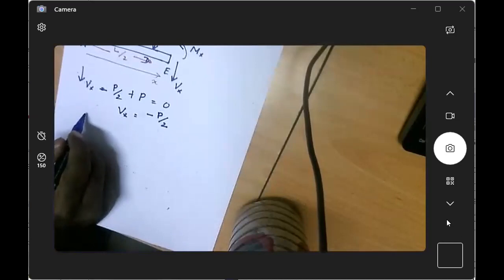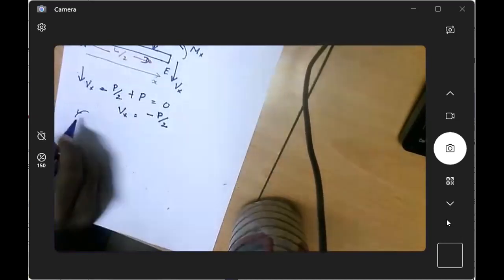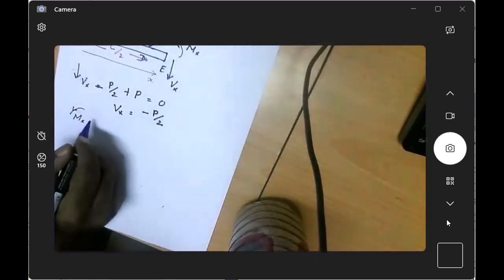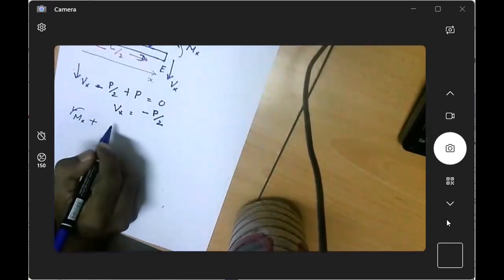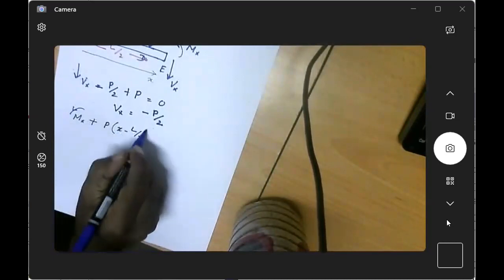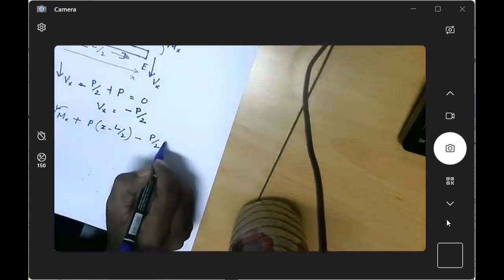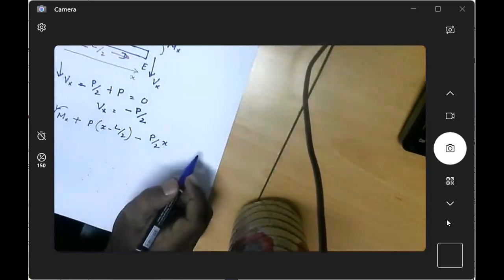Let's consider moment at this point. For Mx, you have this P, which is in the same direction, so plus P into x minus L over 2. Then this one is in the opposite direction, minus P over 2 into x, right?